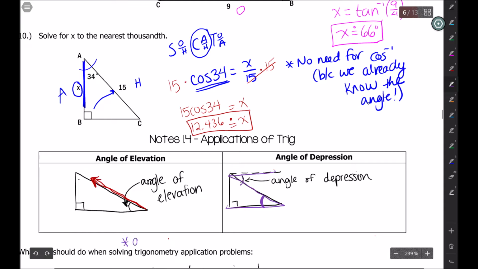So the angle of elevation and the angle of depression are the same measurement always, okay? I can't stress this enough. This angle up here is nothing. It doesn't mean anything at all. It doesn't have any specific name, okay?